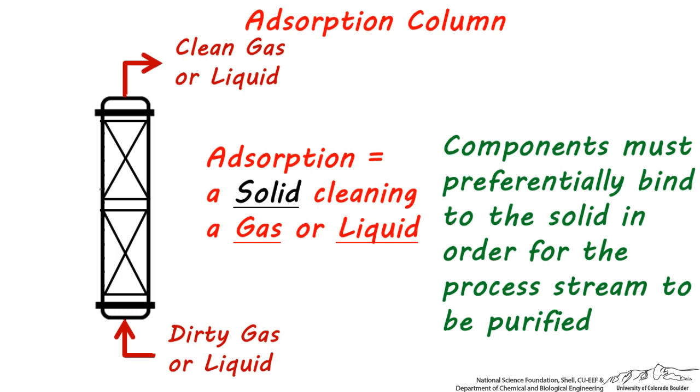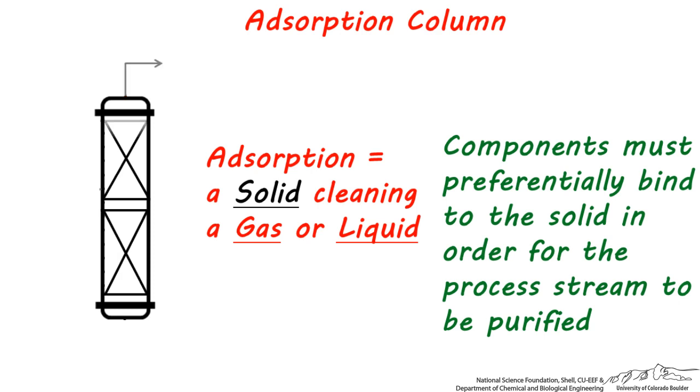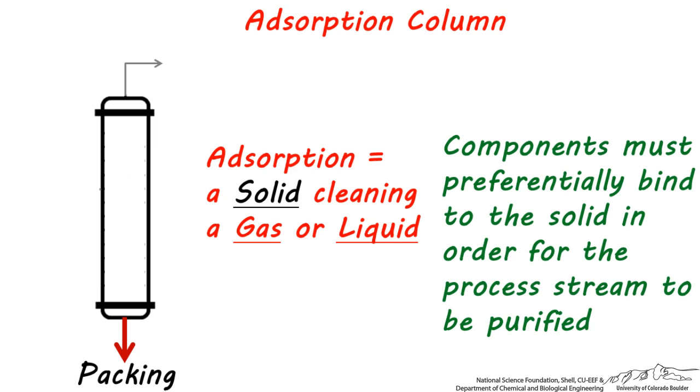Notice that only the process stream is shown here. However, periodically the packing needs to be removed and either regenerated or landfilled. Examples of solid adsorbents include activated carbon, which is frequently used for purifying water, silica, and various clays.